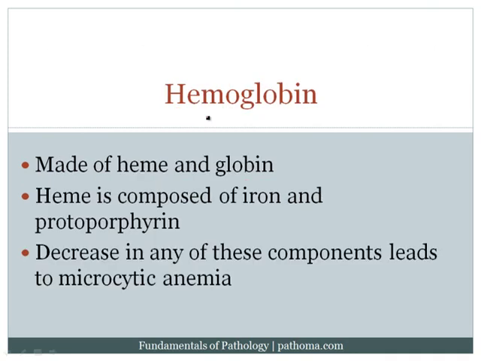So let's remind ourselves, what is hemoglobin? Well, the name gives it away. It's heme plus globin. All right, and what is heme? Heme is basically iron and protoporphyrin. And so if I were to create just a simple understanding in your mind, hemoglobin equals heme plus globin.